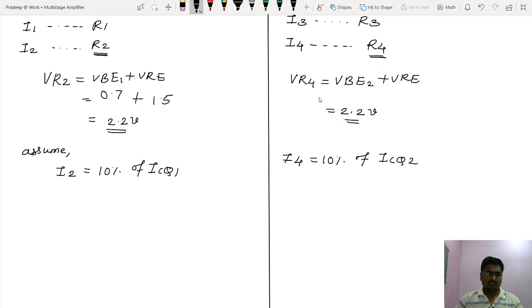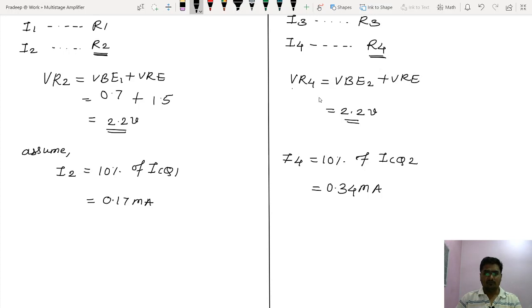Now what is the I2 value? It is 10% of ICQ1. What is the value of ICQ1? It is 1.7 milliamperes, I think. So 10% of 1.7 means 0.17 milliamperes. Now here value of ICQ2 is 3.4 milliamperes. So 10% of 3.4 is 0.34 milliamperes.